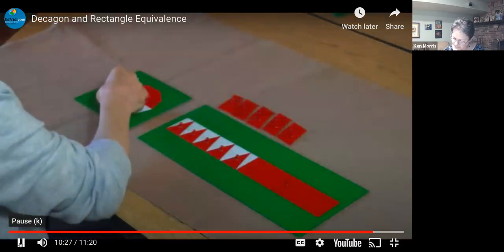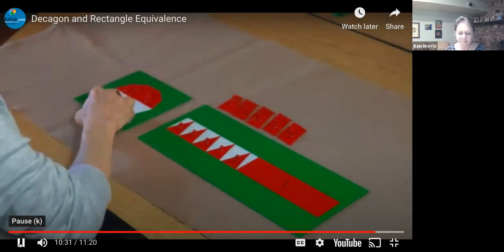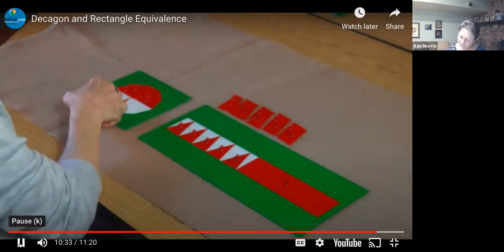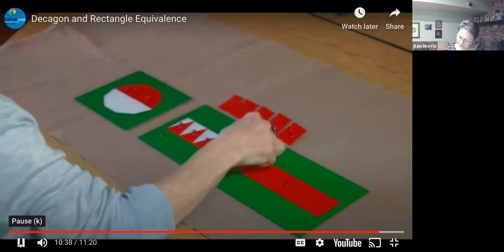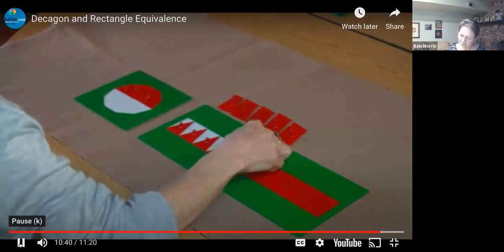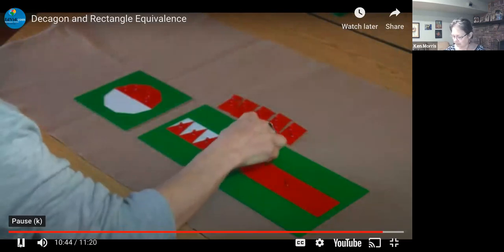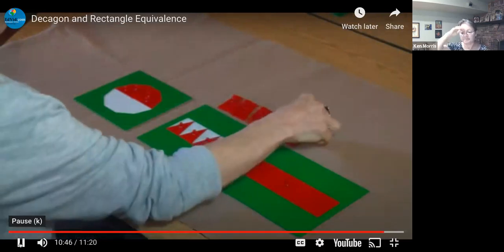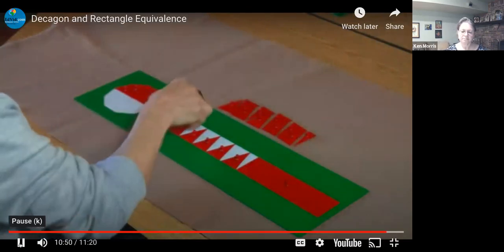Remember this line, this distance called the apothem on the polygon? We can see here that the apothem of the polygon is equal to the height of the rectangle. Here's the height of the rectangle.